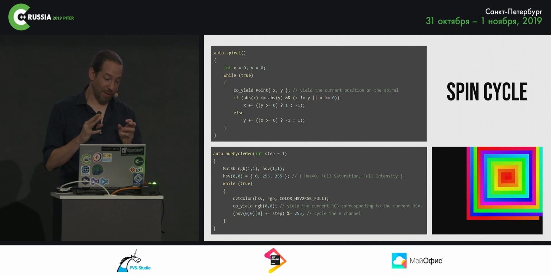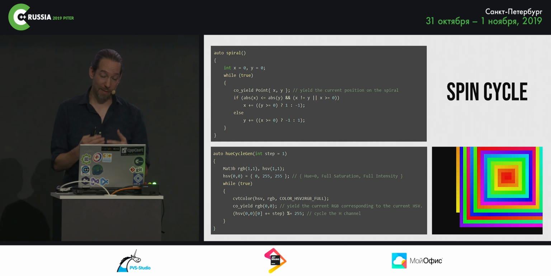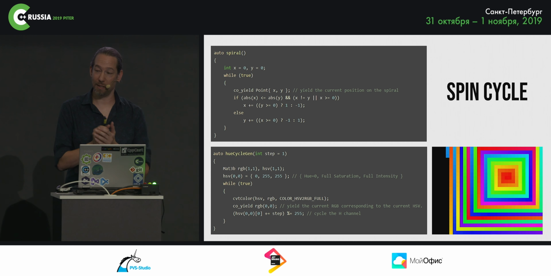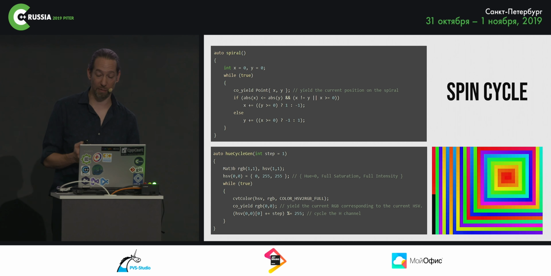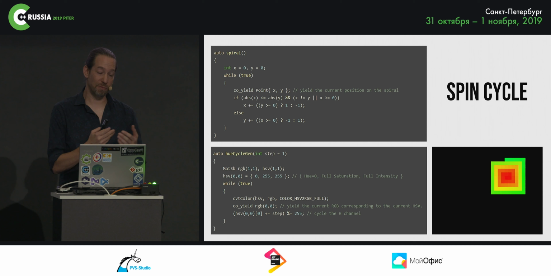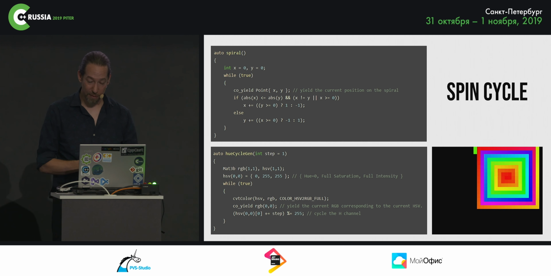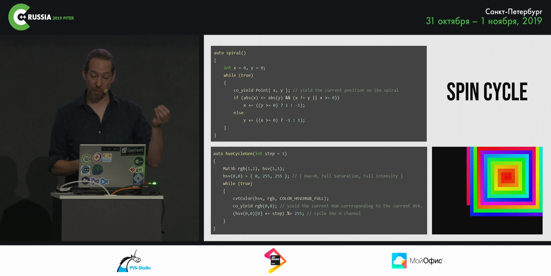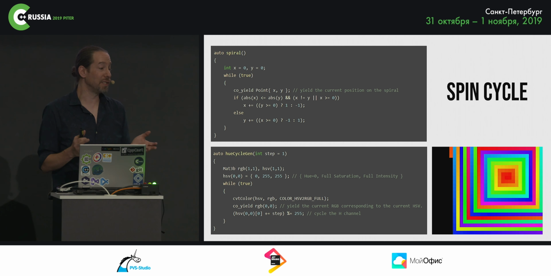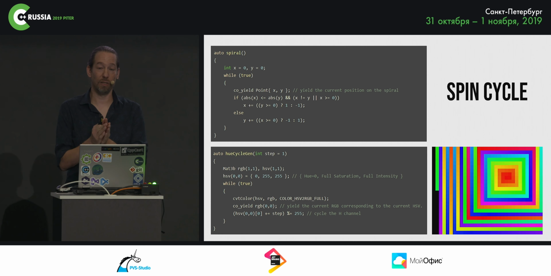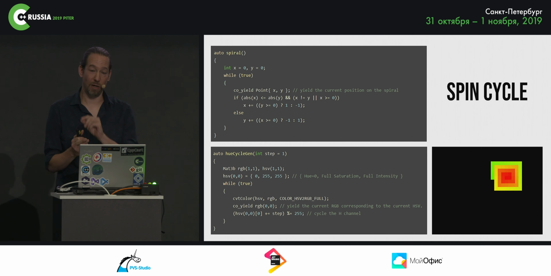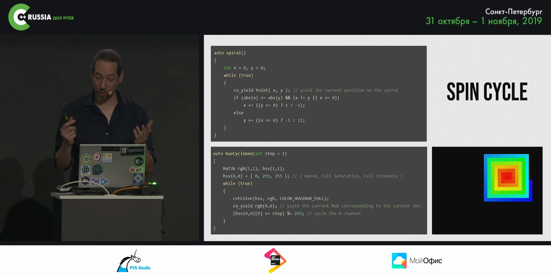It turned out that this is a really nice way to write that spiral generator, and it's very elegant to write. You can see the code on the left. First of all, it's image independent. It starts at the coordinate 0, 0, and then starts spiraling around it into infinity.